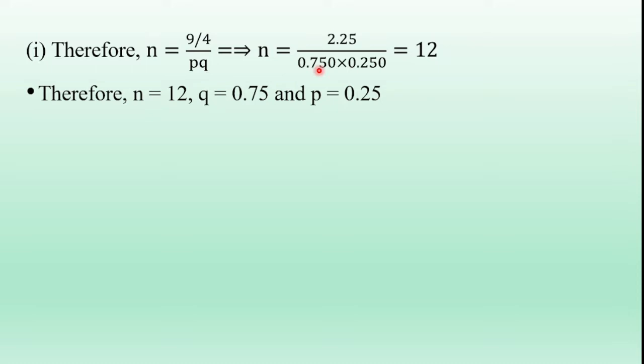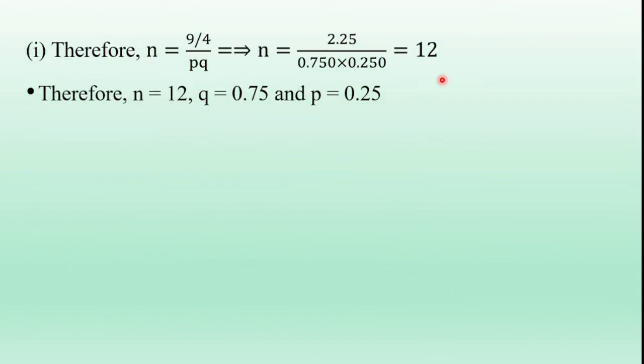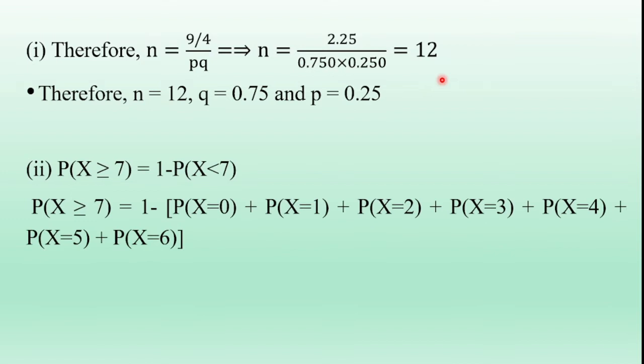P is 0.25, q is 0.75, and we get n is equal to 12. Therefore, n is equal to 12, q is equal to 0.75 and p is equal to 0.25. That is the first bit solution.